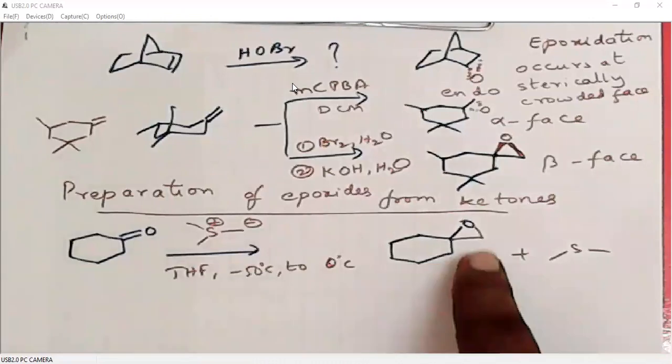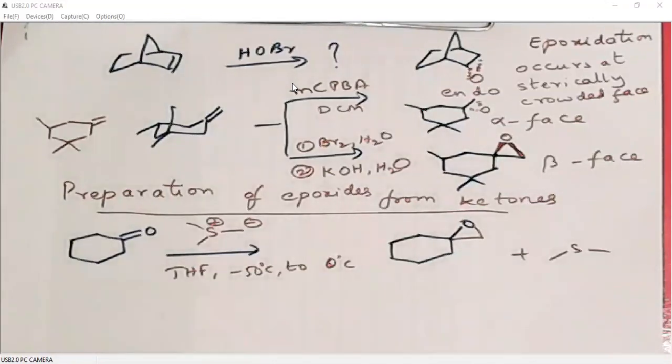One carbon will be added to the ketone to generate the epoxide.